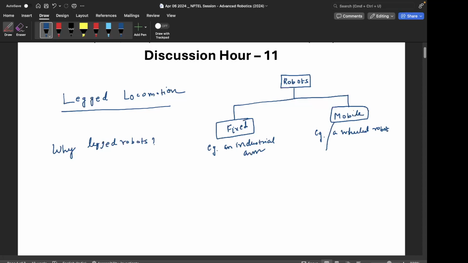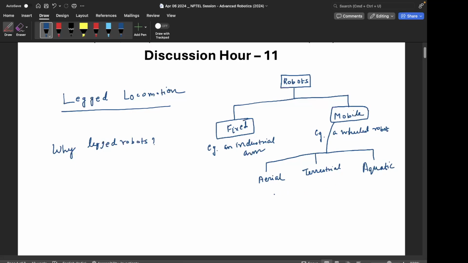Now mobile robots, now we can further, this is not, I would say, a comprehensive classification or tree, because mobile robots means robots which can move, and the mode of locomotion or movement can be very different, right? So it can be aerial, that is moving in the air, it can be terrestrial, that is moving on the ground, on the land, and it can be aquatic, moving in water, right?